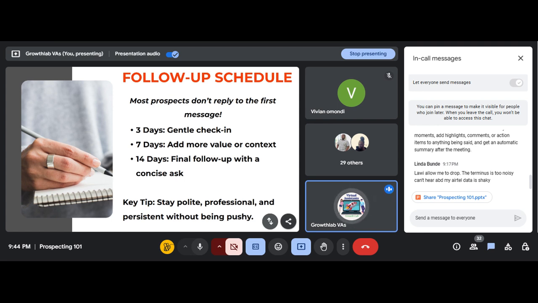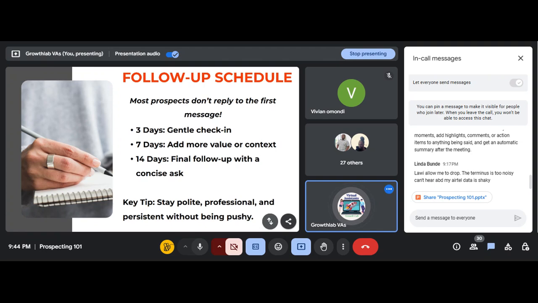So, if you're using an email platform, for example, which shows you that these people opened your email, then after 3 days, do a gentle check-in. You can say something like, just bringing this back up. Did you get my first message?